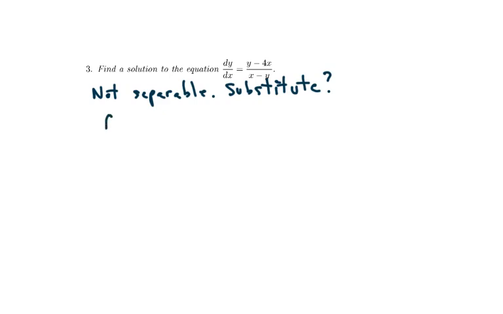And so to do that, I want to check, is f of xt, yt equal to f of xy? Now in differential equations, f of xy is your dy/dx. So this ratio of y minus 4x over x minus y, that is f of xy.